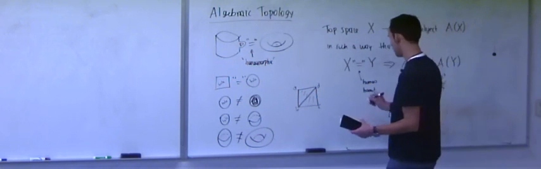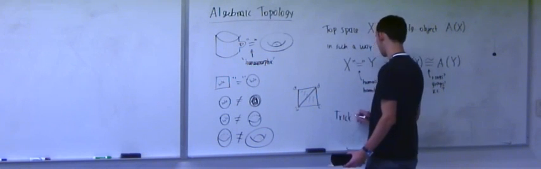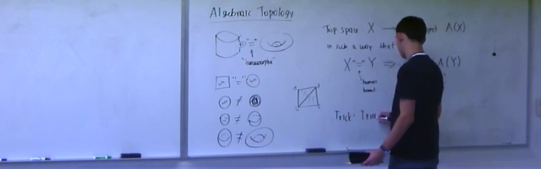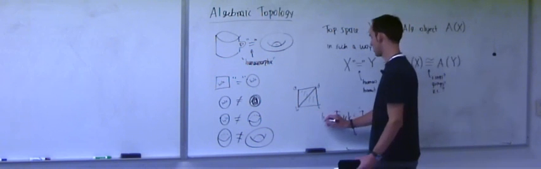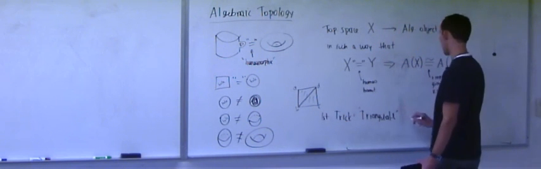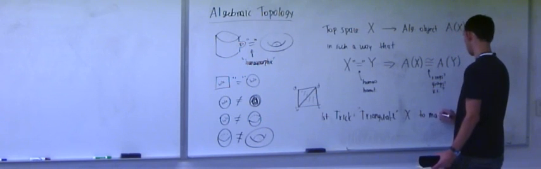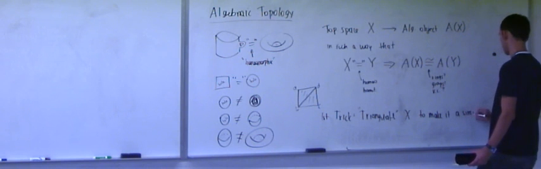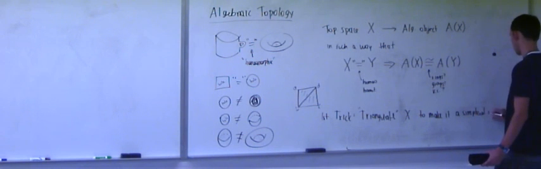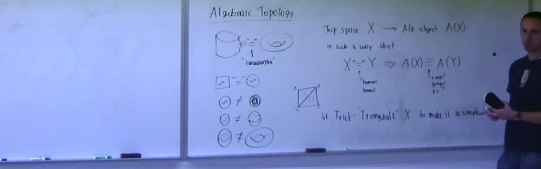So the usual trick, the first trick, is to triangulate X to make it a simplicial complex. And this might be a little bit tricky.